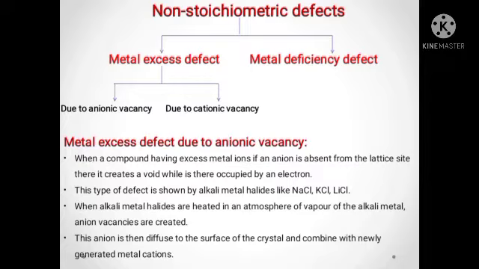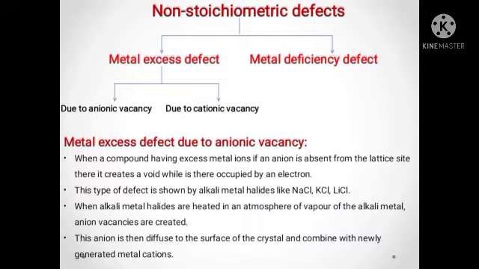This type of defect is shown by alkali metal halides like sodium chloride, potassium chloride, and lithium chloride. When alkali metal halides are heated in an atmosphere of vapor of the alkali metal, anion vacancies are created. This anion is then diffused to the surface of the crystal and combined with newly generated metal cation.